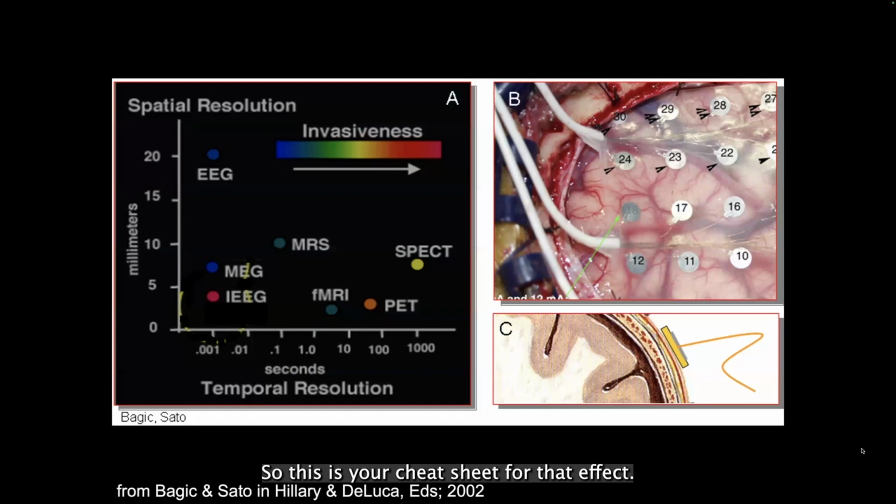So this is your cheat sheet for that effect. This axis here, the y-axis, is in millimeters. This is space. And the x-axis is in time, from milliseconds all the way up to about a second, or longer. Regarding spatial resolution, you'll see EEG, which we'll talk about in a moment, and magnetoencephalography have really fantastic temporal resolution.